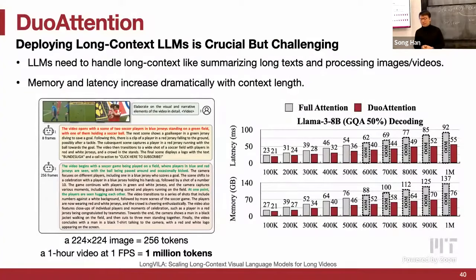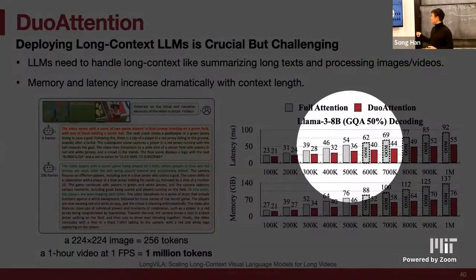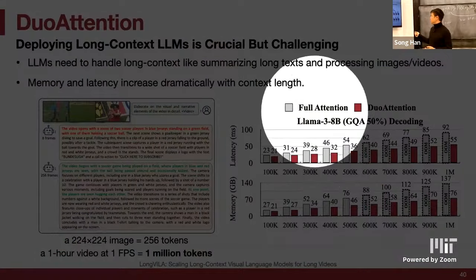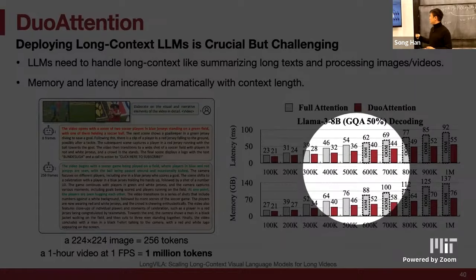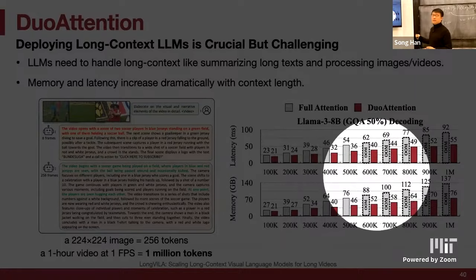So we need to efficiently handle long context LLMs to handle long videos, high resolution images, and long documents. However, with only 80 gigabytes of memory, Llama 3 8B decoding can handle up to 500K tokens. Beyond that, like 600K, it will run out of memory.